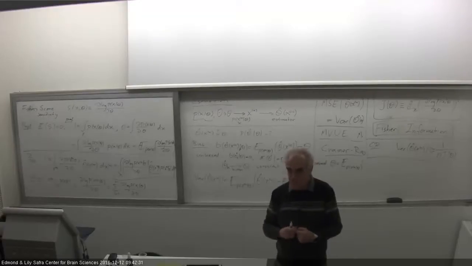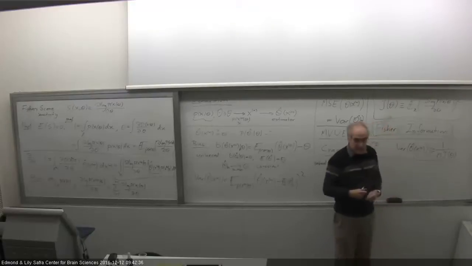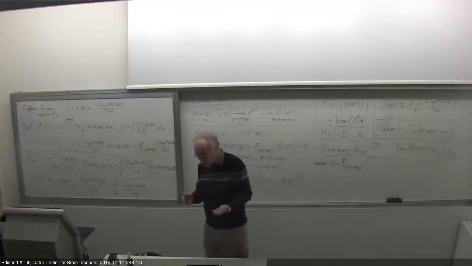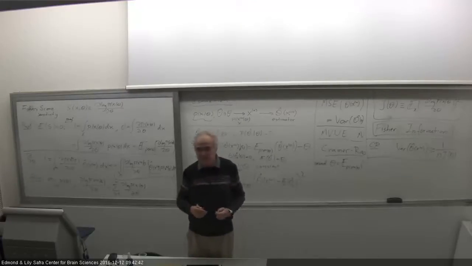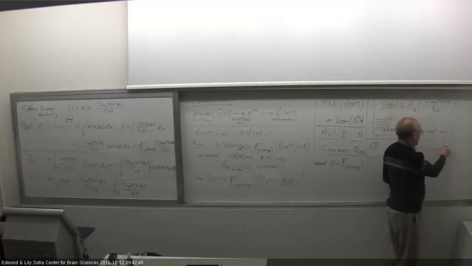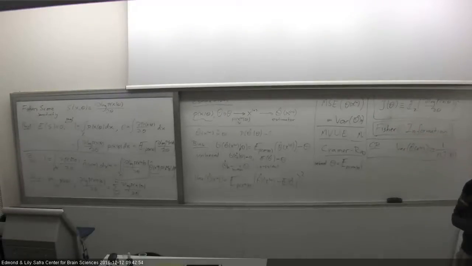So now, I had a nice bound for unbiased estimators. By the way, if there is a bias, you can generalize this bound with a simple exercise, and you'll see that the bias appears in the numerator, and it's actually weakening it. It's 1 minus the bias squared that goes there.